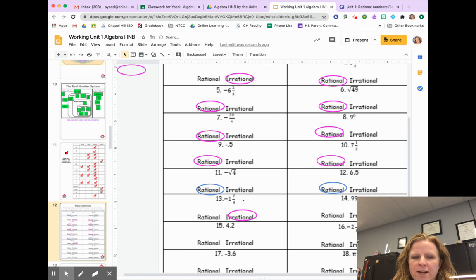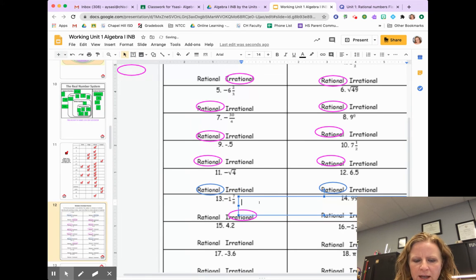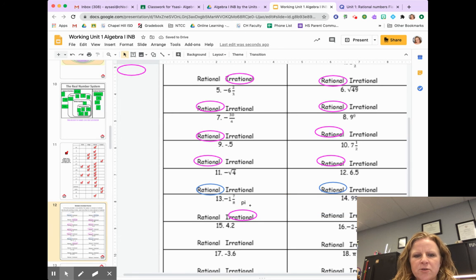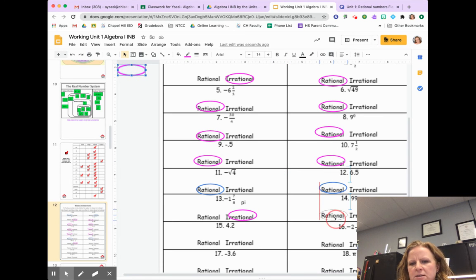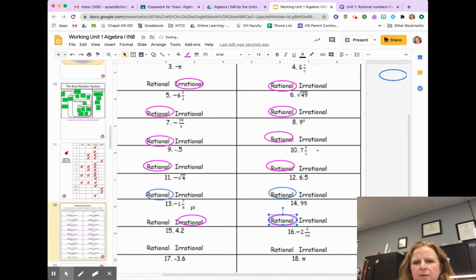If you want to insert some text here, go to Insert, Text Box, and put pi on there as a reminder that it's pi. And that's why. The next one, 99. All right. Oh, I ran out of those circles. 4.2. Negative 2 and 5/10.